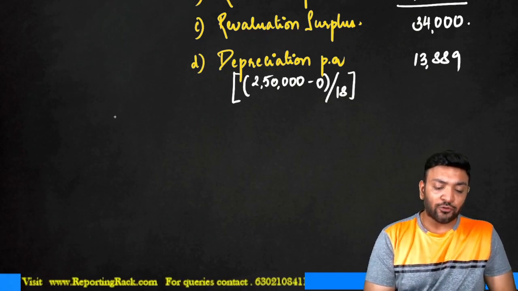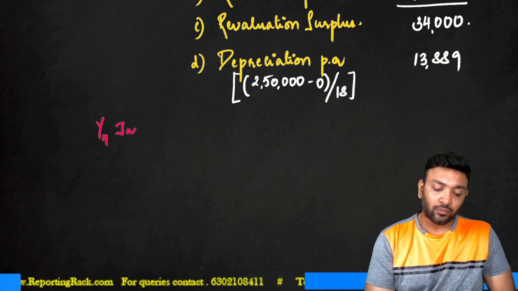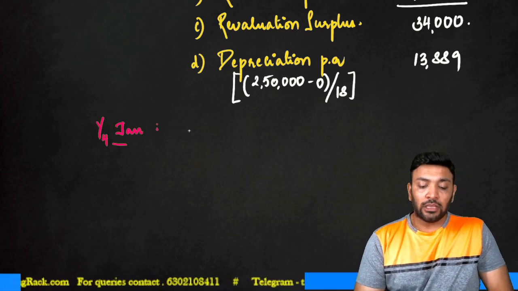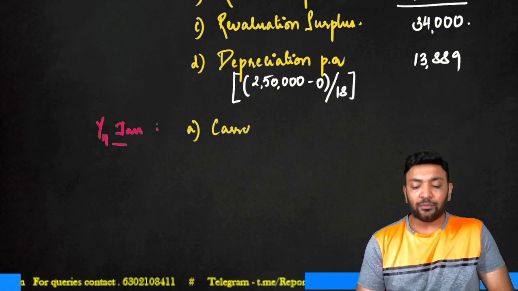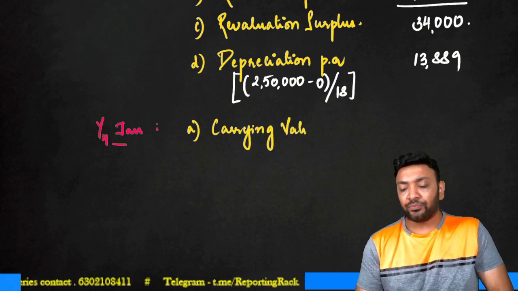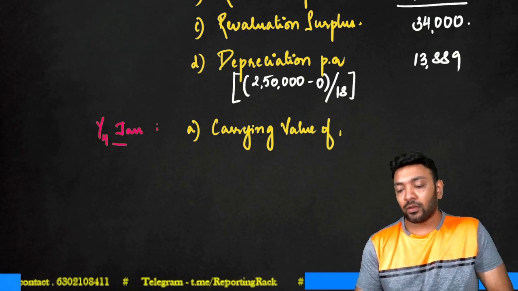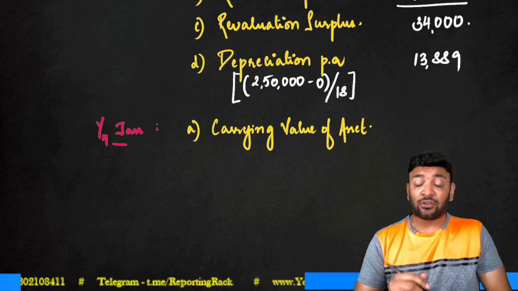Now go to year 4 Jan. What was the carrying value of the asset? Year 3 Jan, I have revalued. Year 4 Jan, what is the carrying value after revaluation and after 1 year?